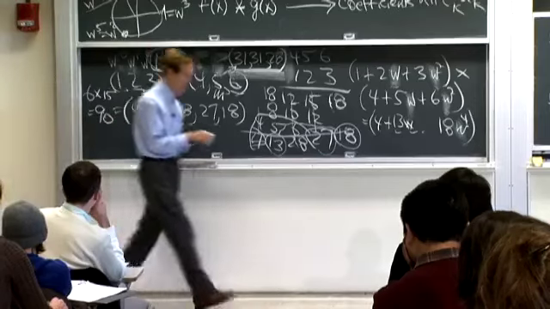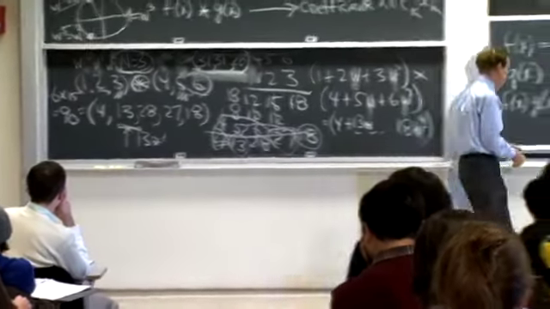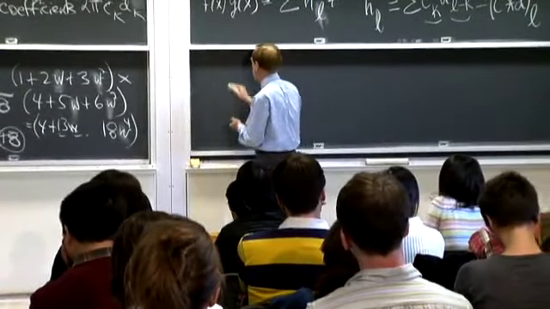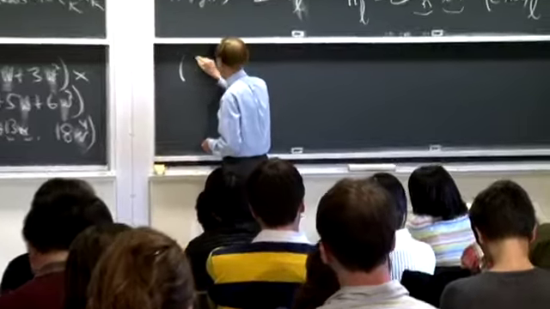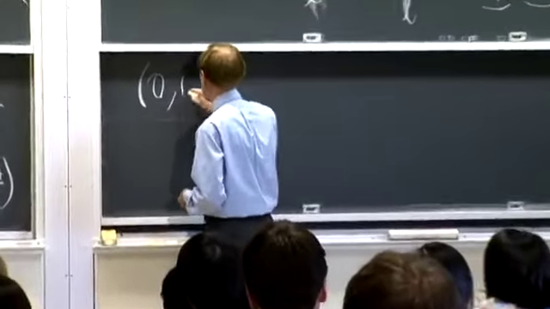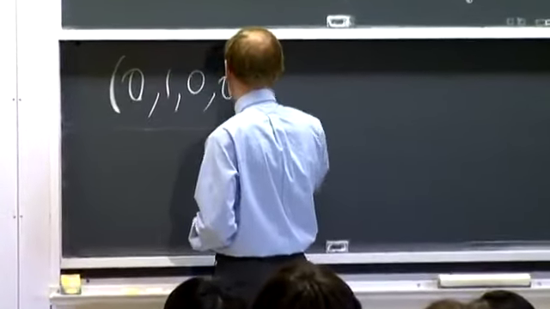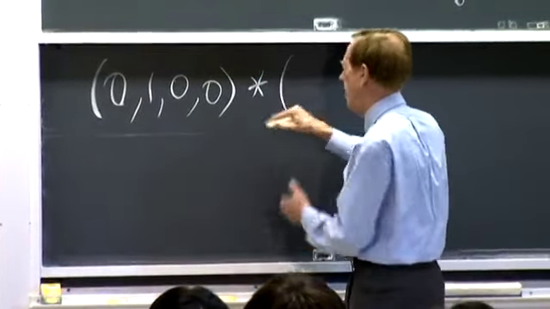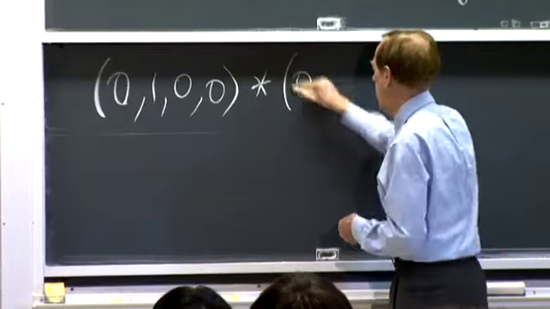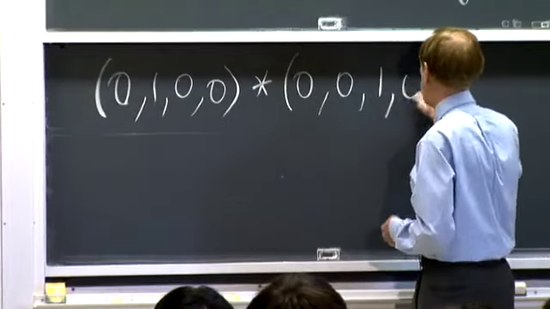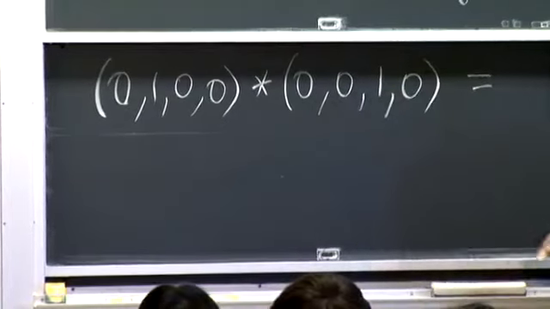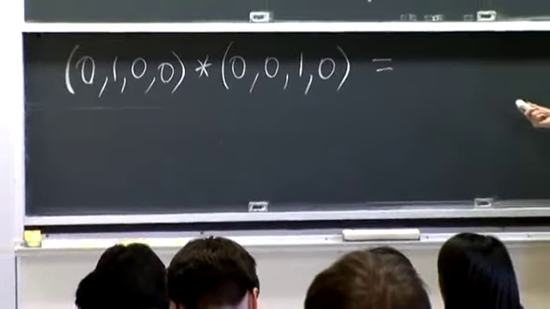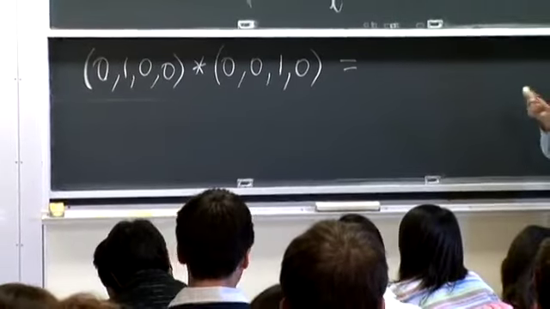Let me give you just another example and do it mentally. What's the convolution of 0, 1, 0, 0? Let me make it a little longer. Shall I take first of all, the non-cyclic convolution of 0, 0, 1, 0? Okay. What's the ordinary, how long is the answer now? This is like just practice.